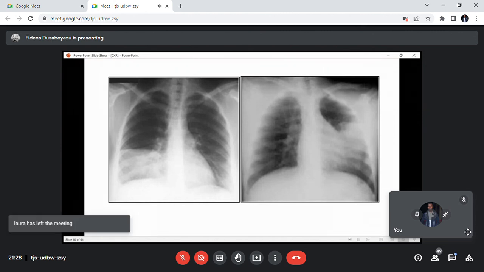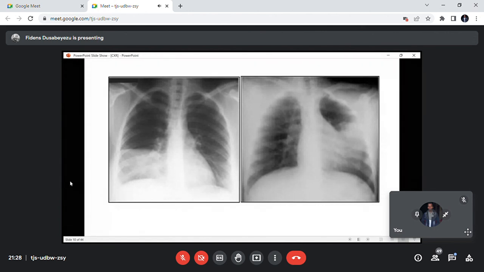Okay? And another sign is what you call the air bronchogram sign. It's when there is an opacity, and within that opacity there are some small tubular dark structures. Those tubular dark structures are bronchi within a collection in the alveoli, a collection of fluid, some pus, I don't know. That is a typical sign of consolidation.